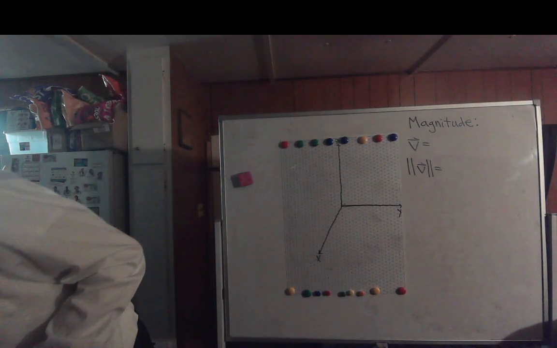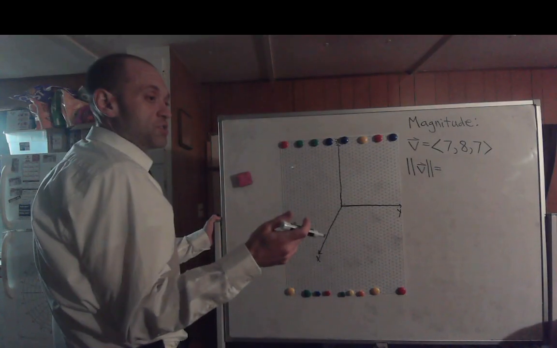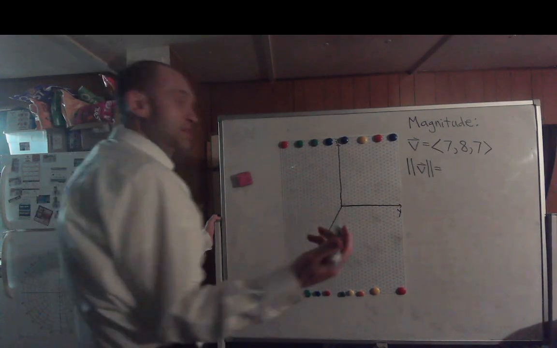So let's see here. Vector v has component form 7, 8, 7. We want to find the magnitude, in other words, the length, the distance of the vector.